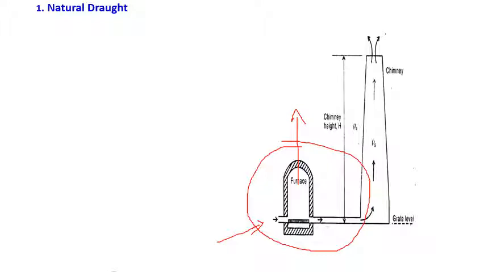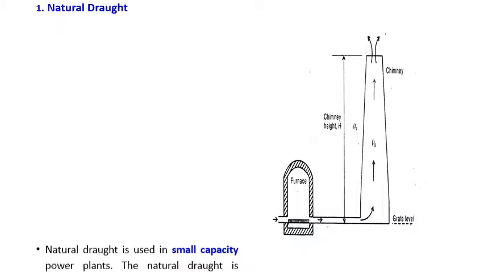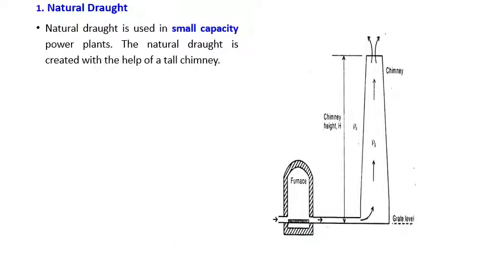If there is no fan, then I can get a natural draught. This type of system we can generally see in domestic purposes, where we use firewood for burning, for taking a bath and so on. There we don't provide any fan, so it is used for small capacity power plants.